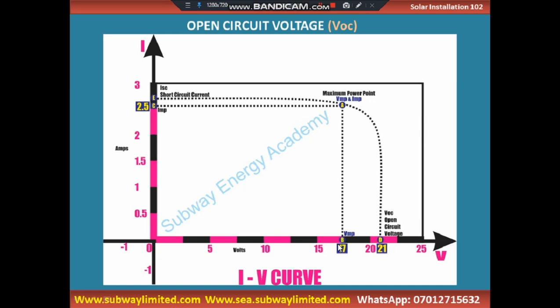We will experiment this in the course of our training. Then you link the negative probe of the solar panel to the negative probe of your multimeter, and you have a voltage. That voltage is the open circuit voltage of that solar panel because it is not connected to any load.